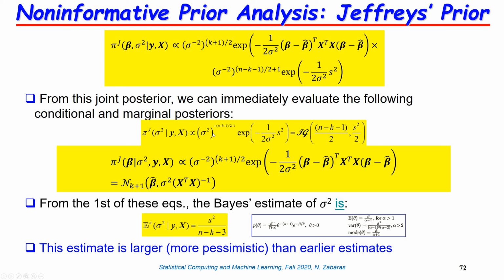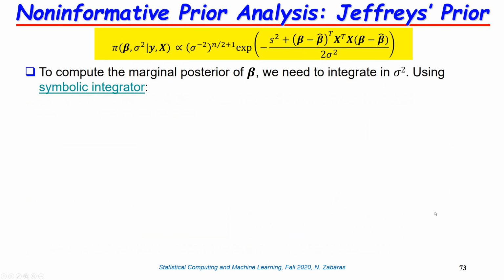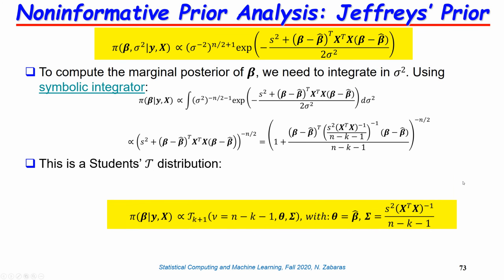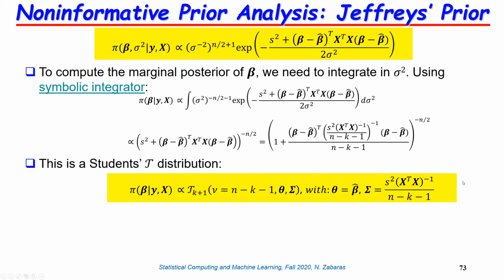All right, so we have the posterior distribution for sigma squared, and we have the posterior of beta given sigma squared. So we can take this, multiply it with the posterior of sigma squared, and that will allow us to compute the marginal posterior of beta. And indeed, I can do this calculation, and as we have seen in the earlier lecture, the marginal posterior of beta turns out to be a Student t distribution.